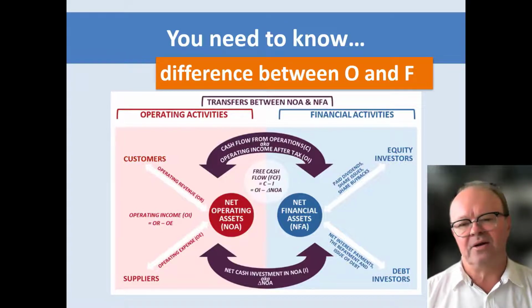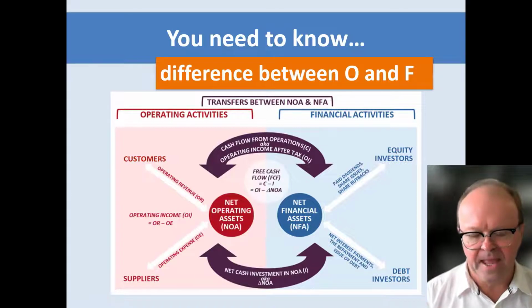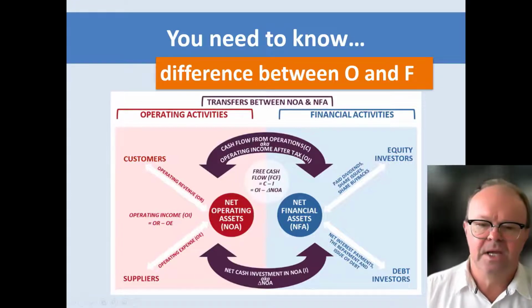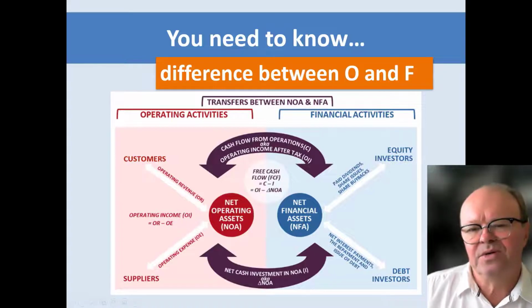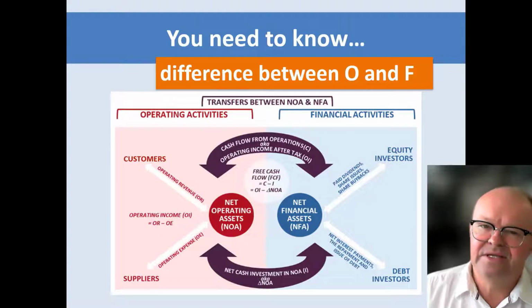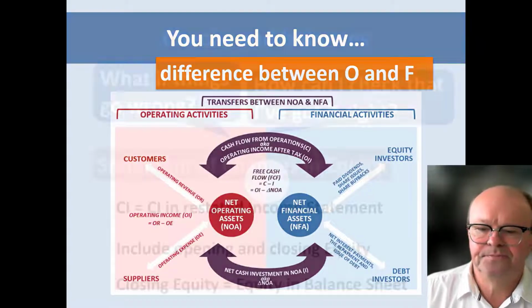And it's certainly the way I look at business. And a lot of people do. So you need to understand the difference between O and F. Operating activities is your interactions with your customers and your suppliers. Financial activities, your interactions with the equity investors and debt investors.